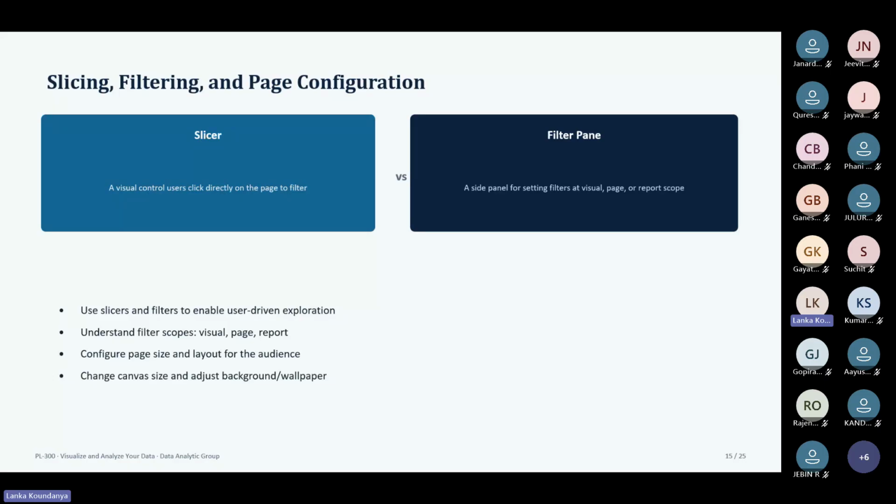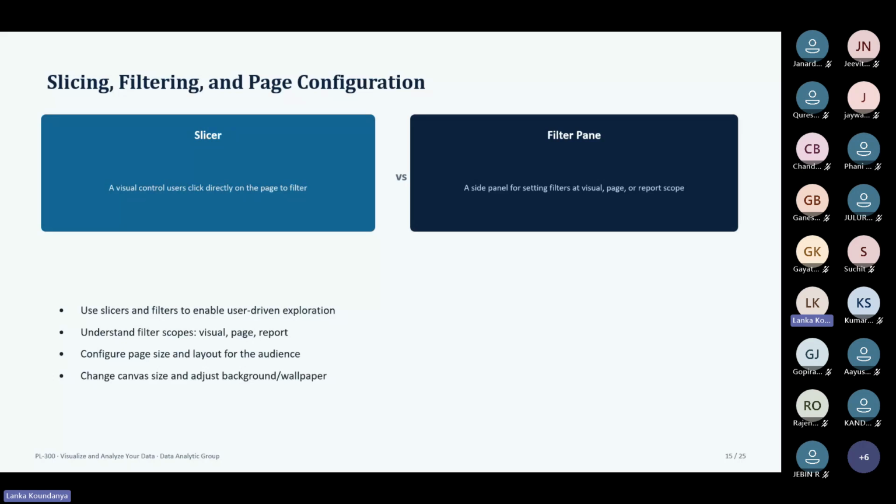We have 50 sensors and they want to see only some particular sensors, so they can use that directly on the page. A slicer, if you add it on a page, will be there on the report also. When you deploy the report, it will exist on the top right, left side, or bottom, and it will be visible.